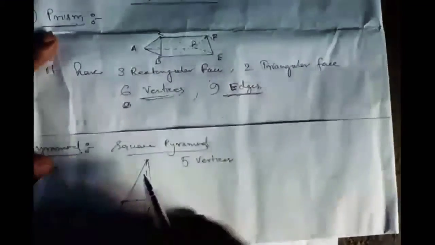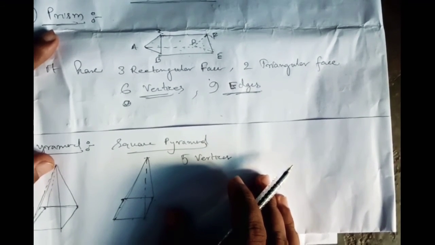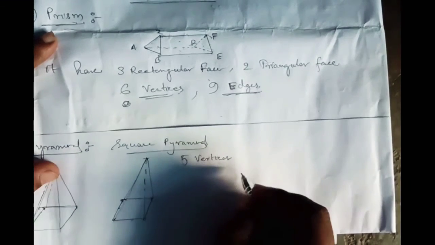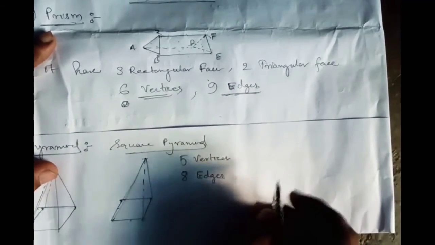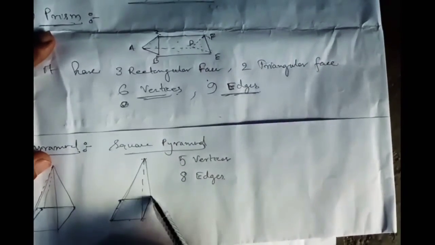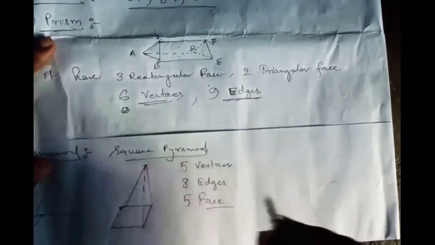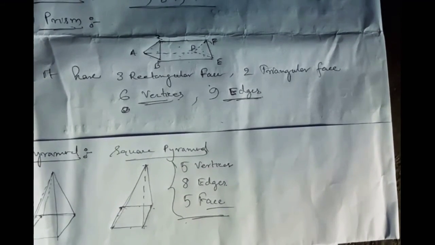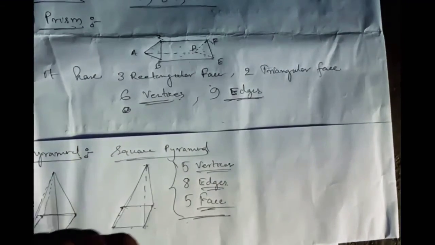Okay, and edges 1 2 3 4 5 6 7 8, 8 edges, and faces 1 2 3 4 5, 5 faces. Hope you are able to understand. If you understood the figure, then you definitely understood the vertices, edges and faces. Understood? Okay.